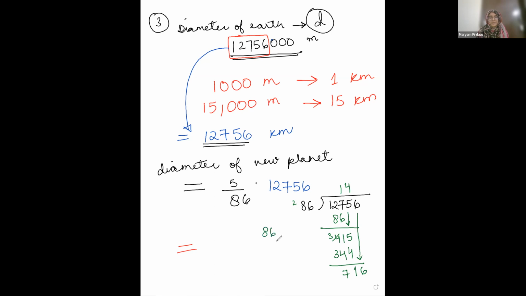716. 86 multiplied by 4. 86 multiplied by 8. 86 eights are 48, 108. You are left with 688. The final answer? Are you telling me 6, when 86 multiplied by 8 is 688?